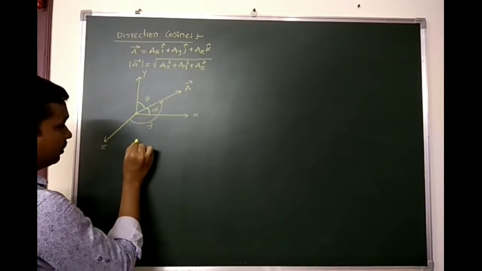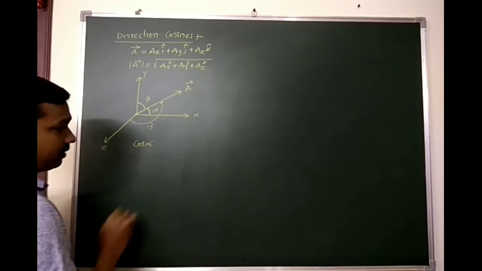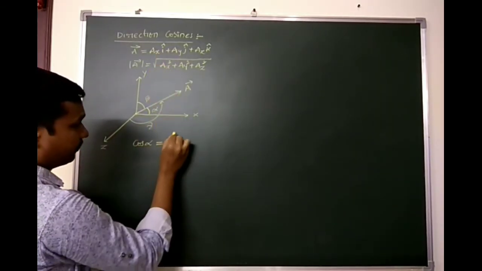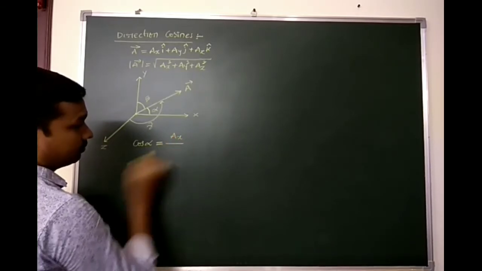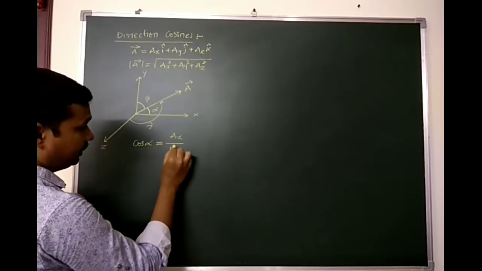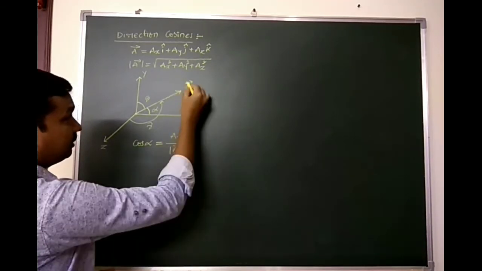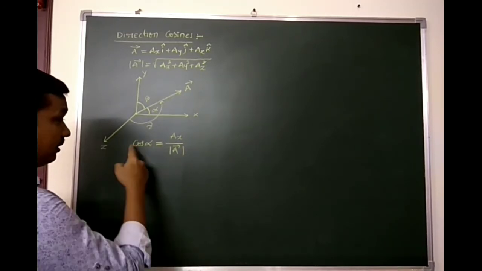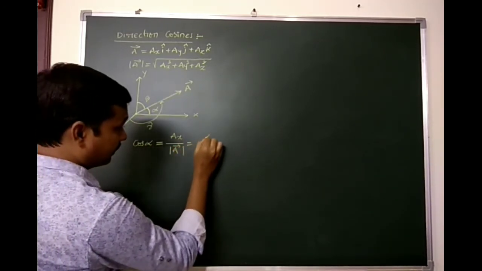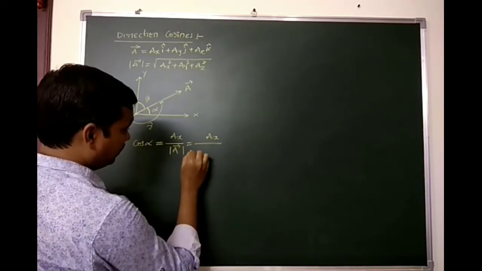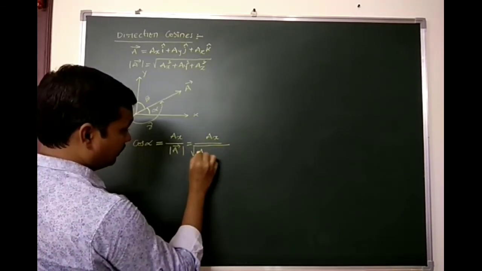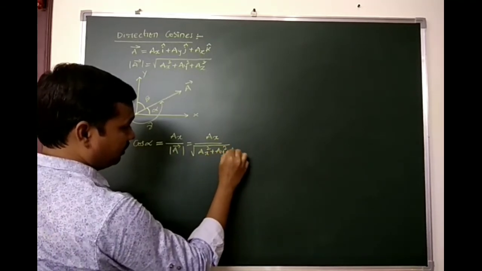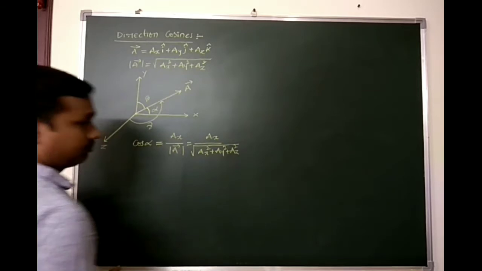So cos alpha is equal to the adjacent side along the x-axis, Ax, divided by the magnitude of A. The magnitude of A is needed for this vector A. This is equal to Ax by root over Ax square plus Ay square plus Az square.